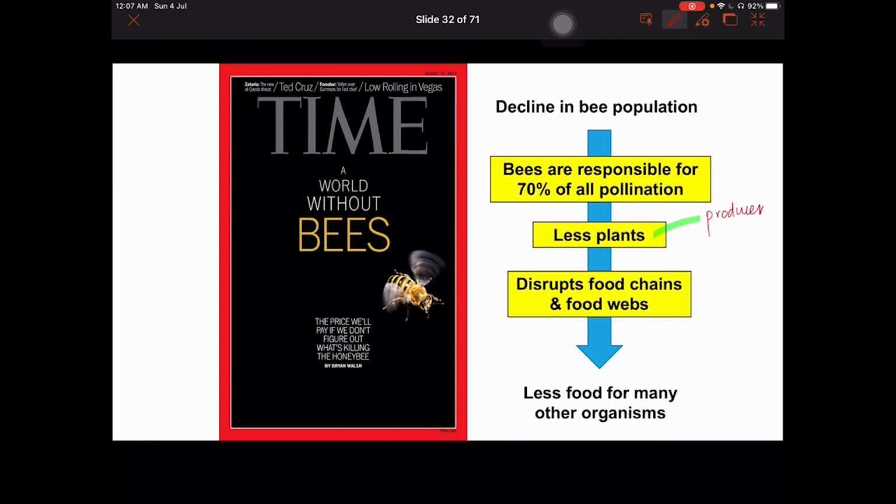Because let's say you take away the producer from the entire food chain, then every other thing that comes after it, all the different trophic levels, will suffer because they have no food. Then they will all die. So when they die, then the question is, what if we are eating all these different food? Then we will be impacted as well.